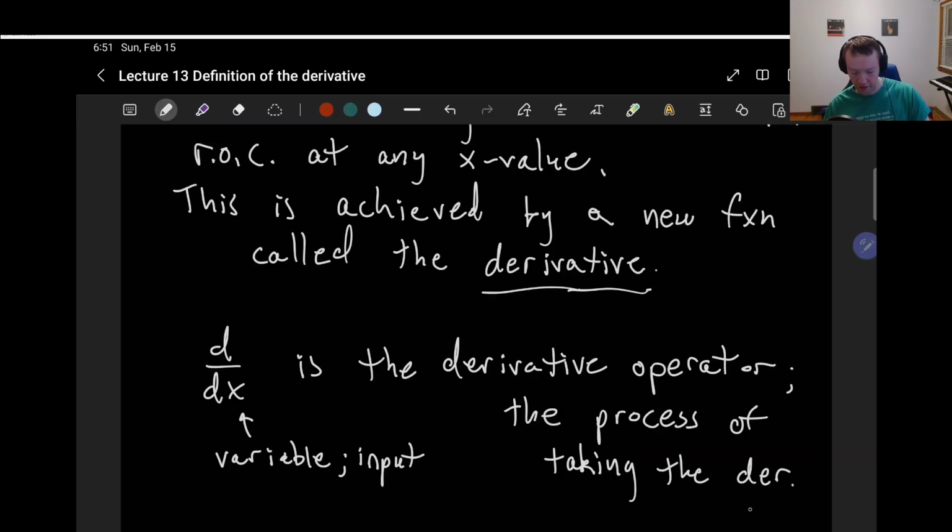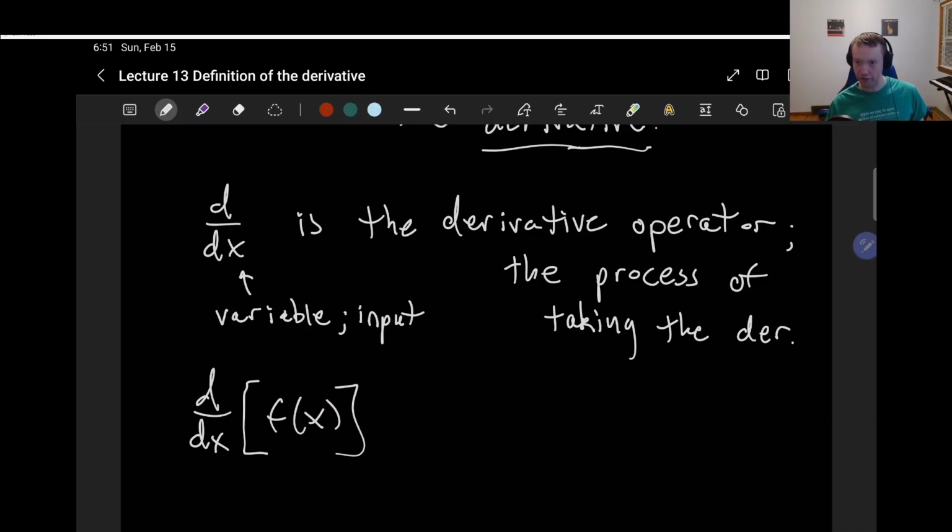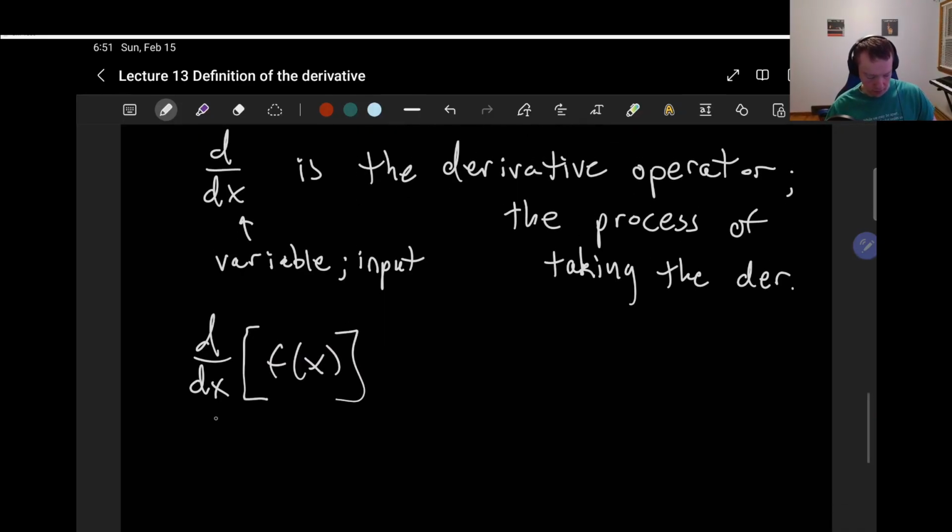I'm going to abbreviate derivative as dir. So the way this works in practice is you have this operator applied to the function f. And so what this is saying is that we're taking the derivative of f.